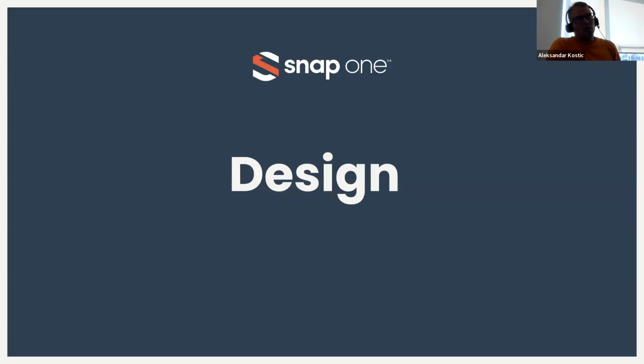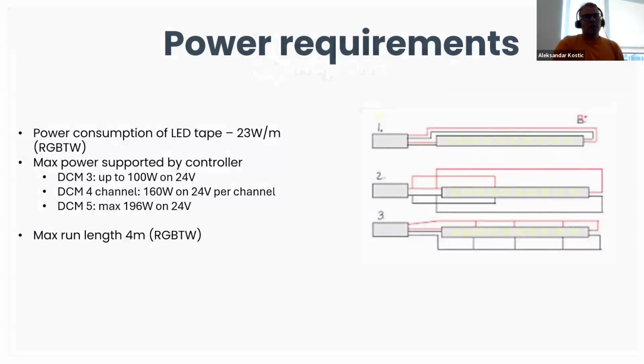Let's check now some examples of wireless lighting design. What is important when we start designing our wireless lighting project? First of all, we need to check the parameter called power consumption of the LED tape.